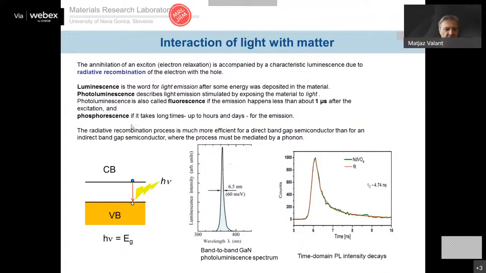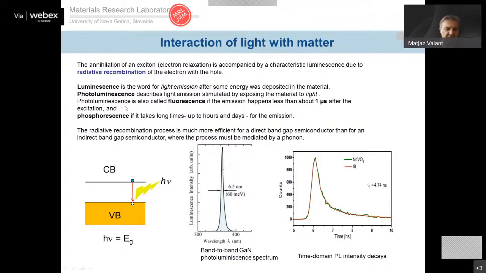But then we have photoluminescence, and this describes light emission which is stimulated by exposing the material to light. Luminescence we can also call when the electrons are excited by other stimulus, like an electron beam, for instance, or temperature. But photoluminescence then narrows down this expression just to light-stimulated emission.